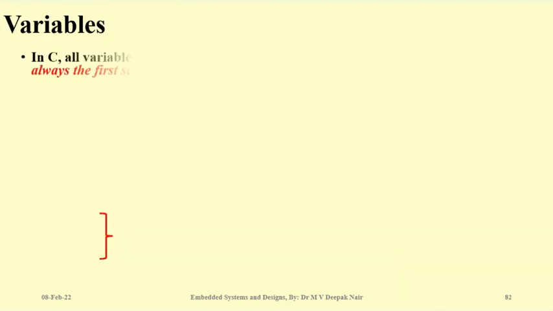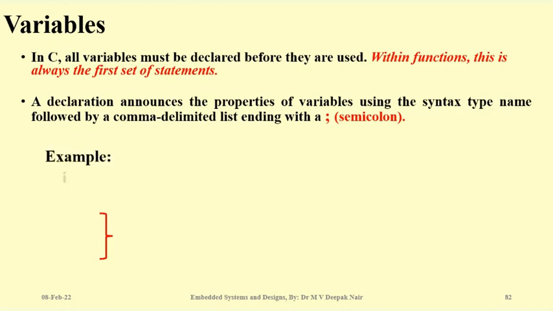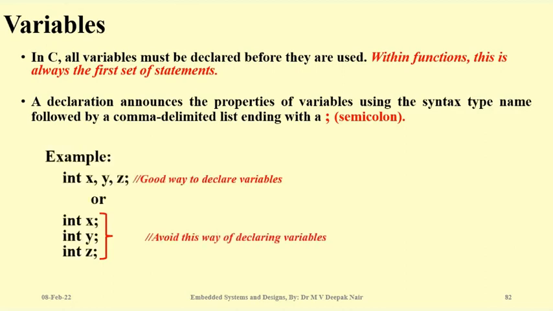So first of all, let us see variables. I have discussed this in my video. In C, one important thing we must remember is that all variables must be declared before they are used.